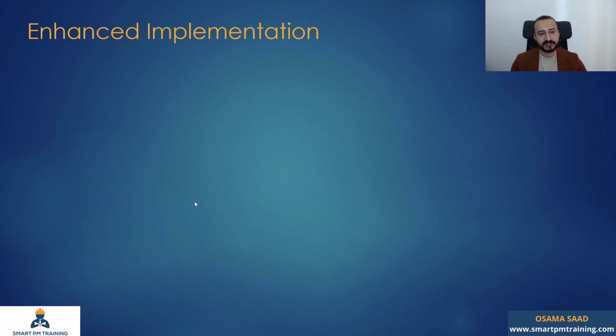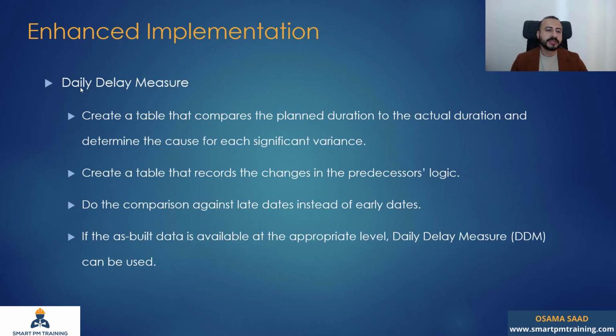Enhanced implementation. If you want to enhance your analysis, you use daily delay measure. You will create a table that compares the planned duration to the actual duration and determine the cause for each significant variance. Create a table that records the changes in the predecessor's logic. Do the comparison against late dates instead of early dates.